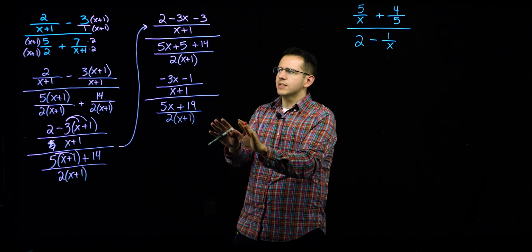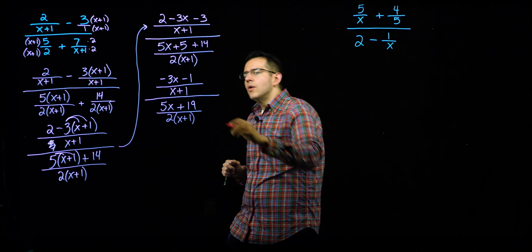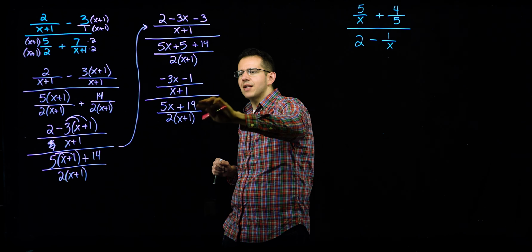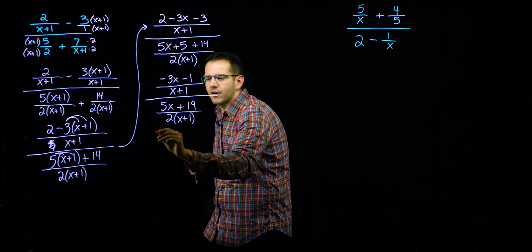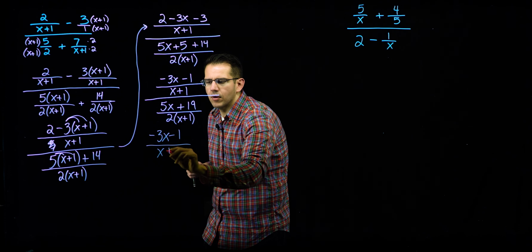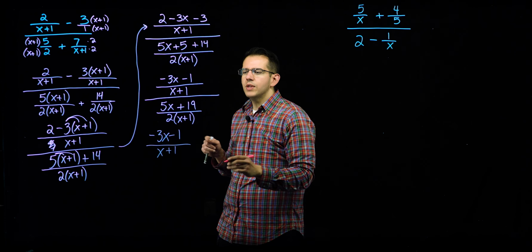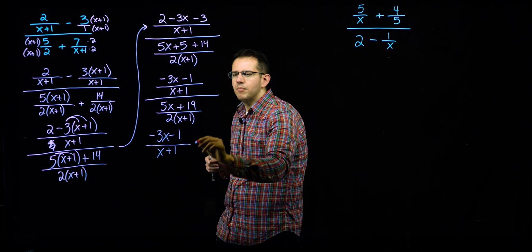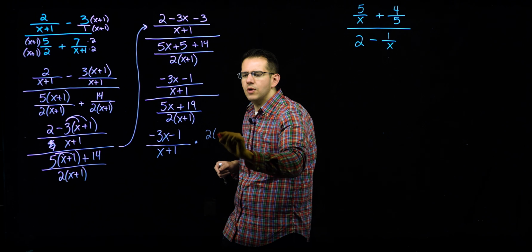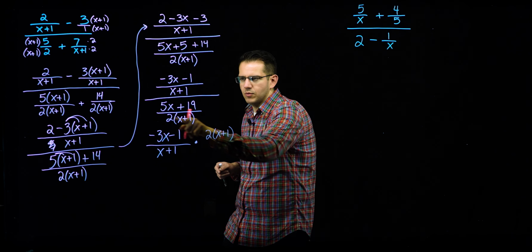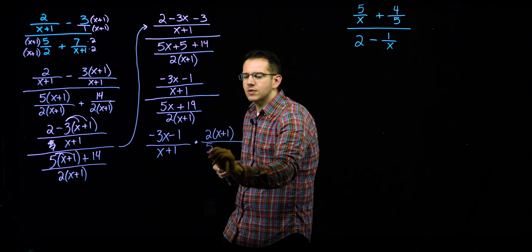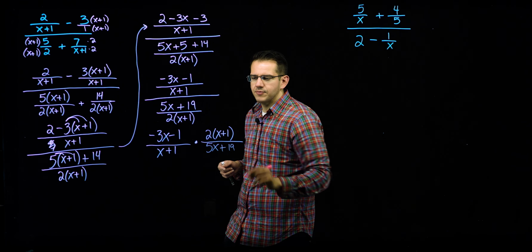Now that it's fully simplified, we can use the copy-flip method that says if you have a fraction divided by another fraction, you copy the first fraction down. You then multiply by the reciprocal of the second fraction, which gives us 2 times x plus 1, the denominator we had before, over 5x plus 19.